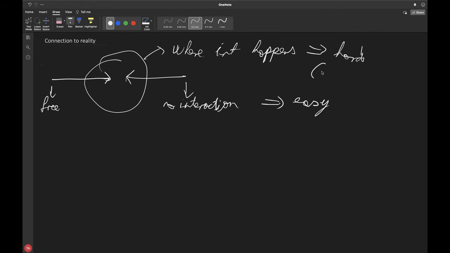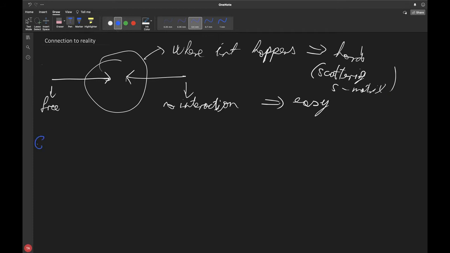And so the mathematics that describes this is the scattering matrix, or S matrix. So that's what we are going to start with.